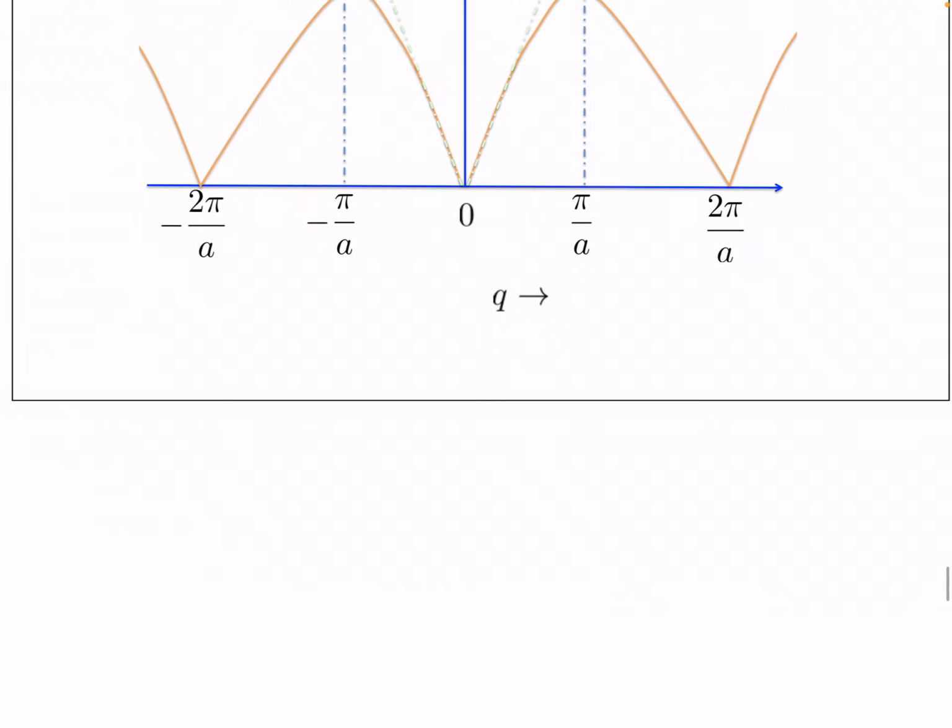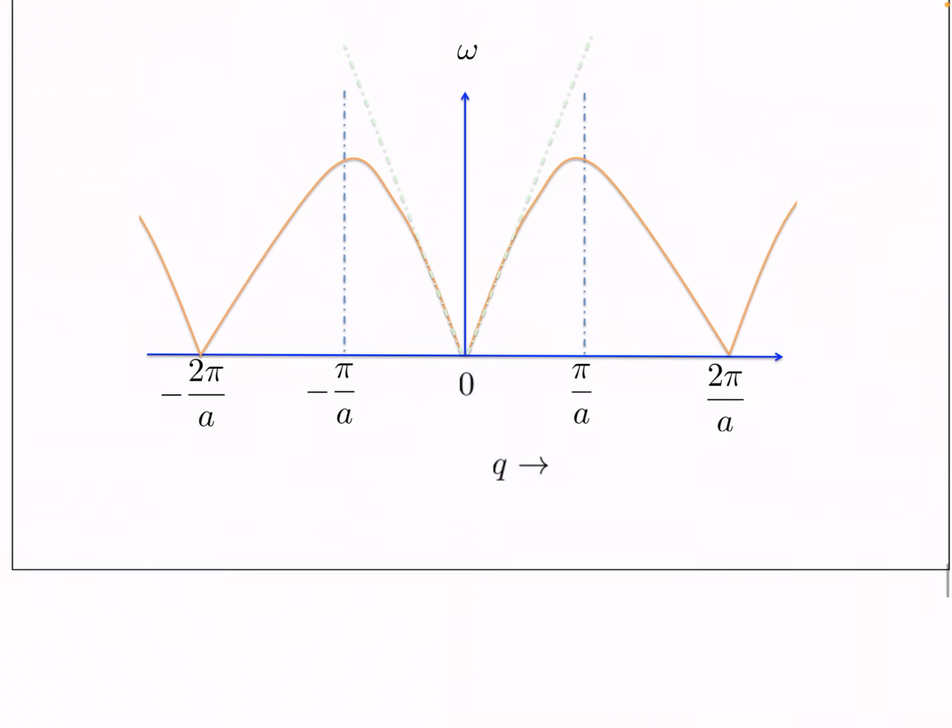One is that this omega is linear in the low wave vector regime, so small wave vector. I'm showing the linearity by two linear lines on both sides of q equal to 0.